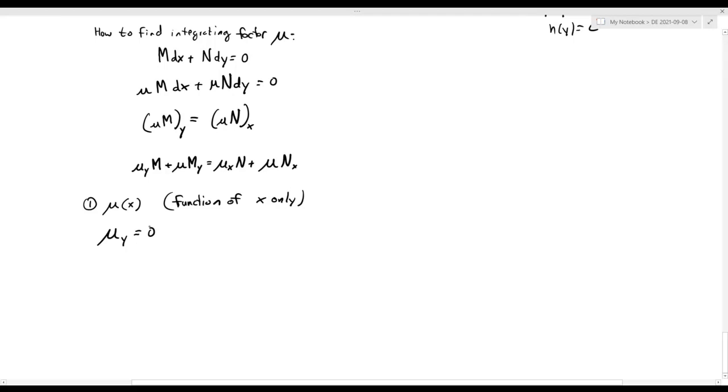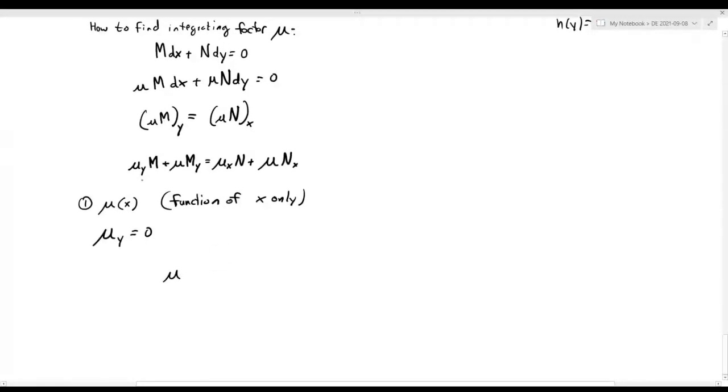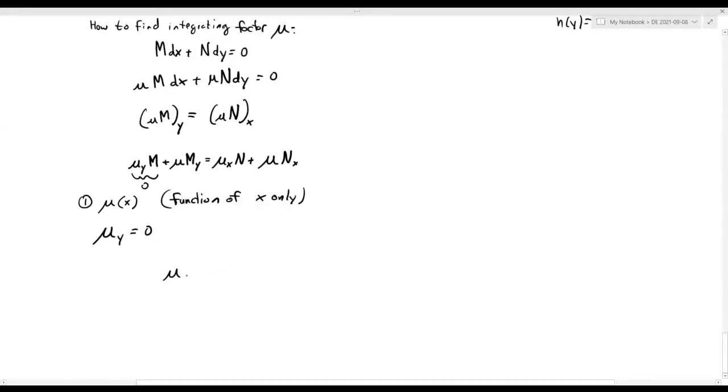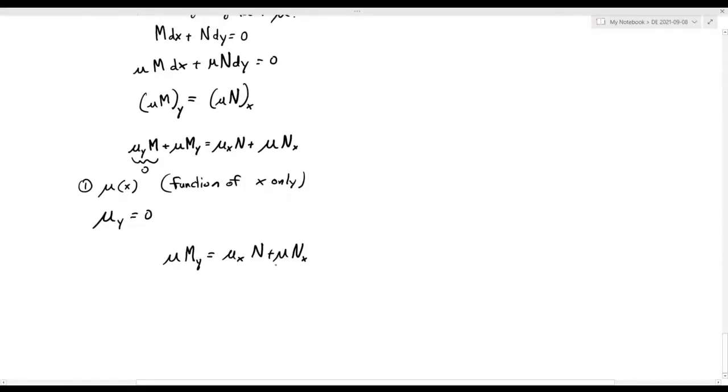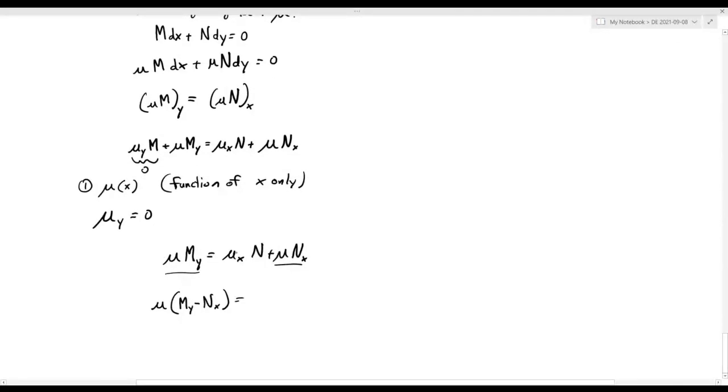Hence, this term would go away, right? What we have above would reduce to, because the first term would go to 0, mu times the, so now I'm just going to bring all the terms that have a mu in them to the left. Notice then in that case, mu is a common factor, so you can factor that out. I'm going to write mu sub x as the derivative of mu with respect to x.